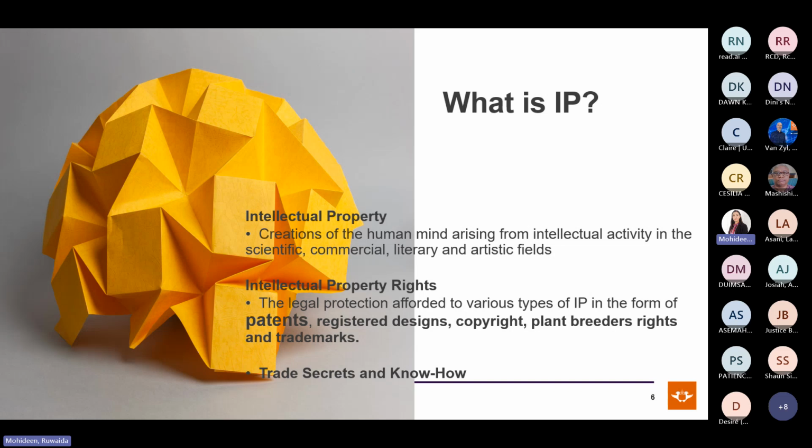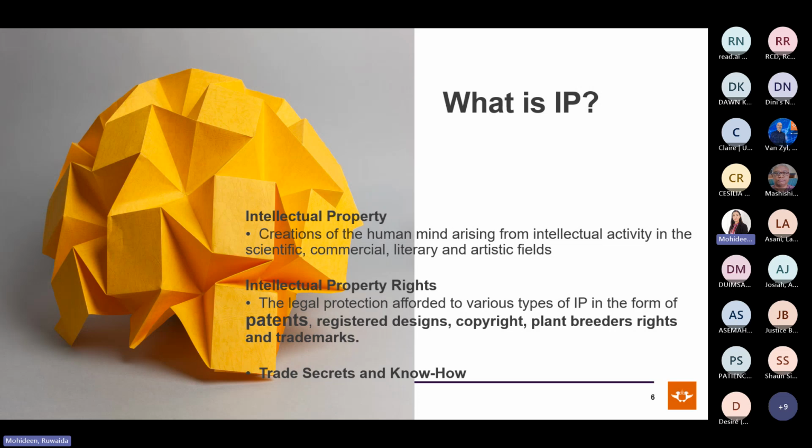Intellectual property rights, then, are the legal protection afforded to that intellectual activity. So there can be intellectual property and intellectual activity, which then gets covered by specific intellectual property rights, depending on the type of intellectual activity that goes on.